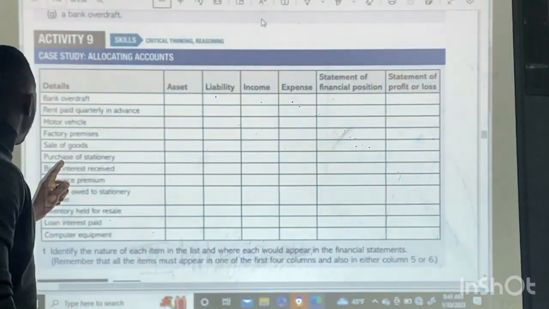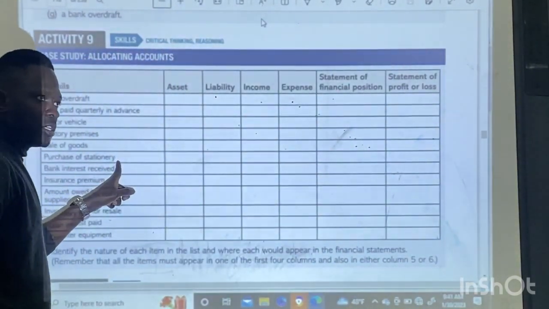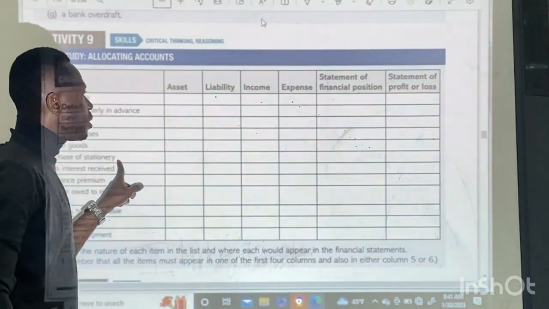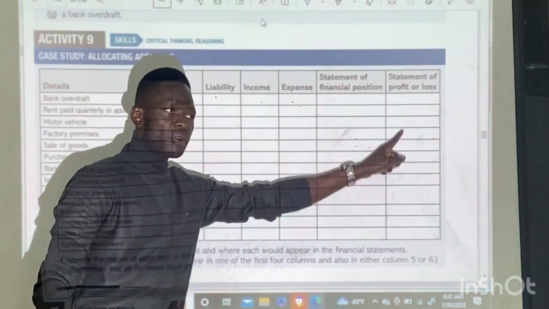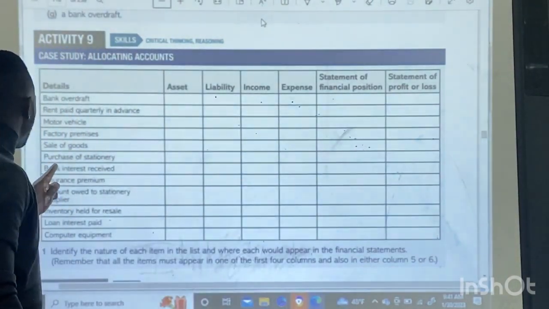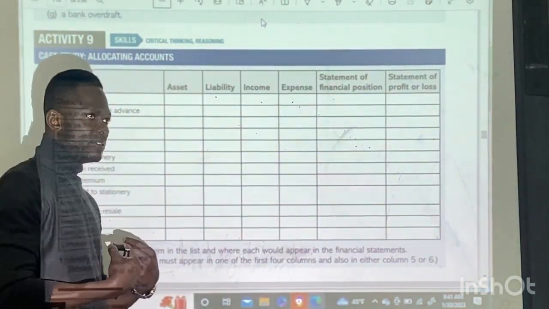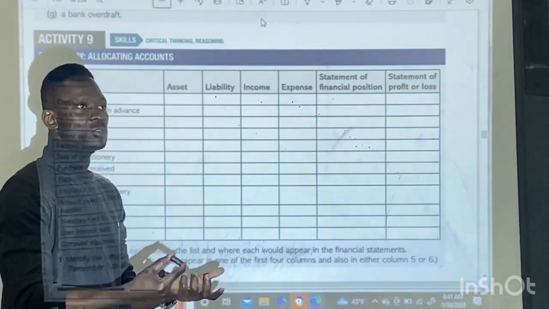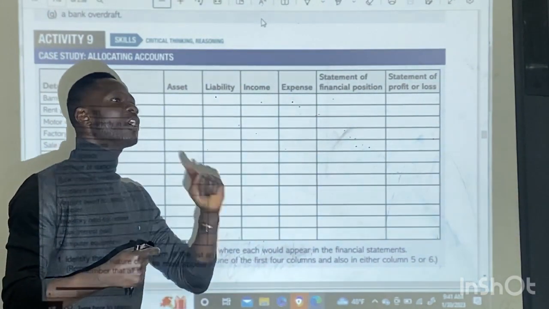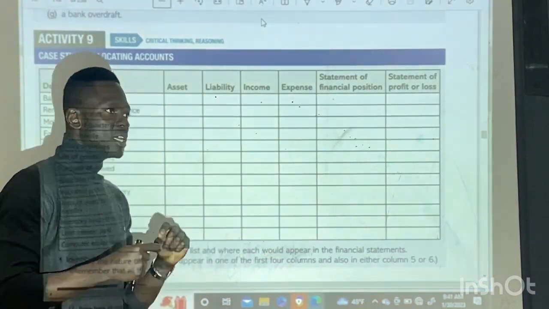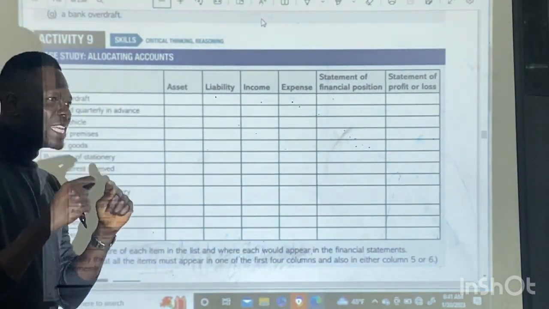Good. Then we have purchase of stationery. You purchase stationery, which is what? An expense for the business and statement of profit or loss. Bank interest received. Maybe you have saved money to the bank, so you received interest. This is an income for the business. You add it to your gross profit. Are you with me? Yes. An income for the business and it will be added to the gross profit.